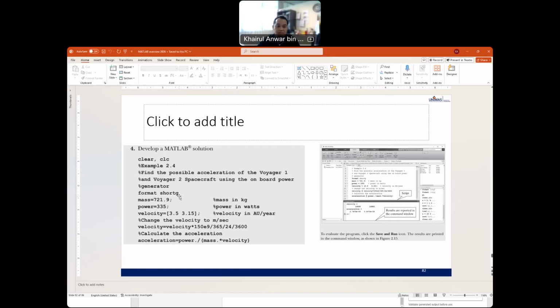Format short g. Then these are the variables: we have mass, power, and velocity. Then the velocity is in this equation, and we find the acceleration. You notice the dot here.